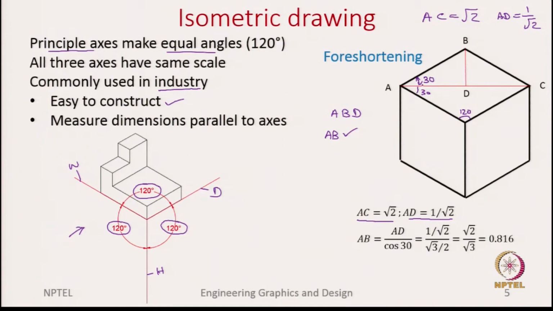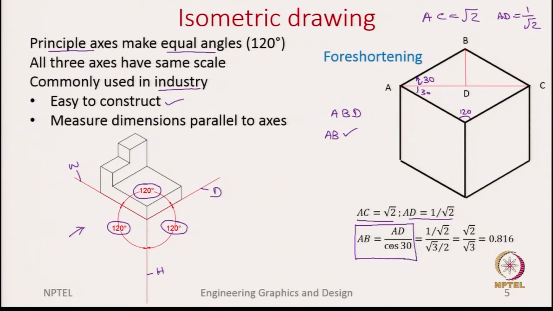If we know that this angle DAB is 30 degrees, how do we find AB? We can find AB using the cos. So, AB will be AD by cos 30.